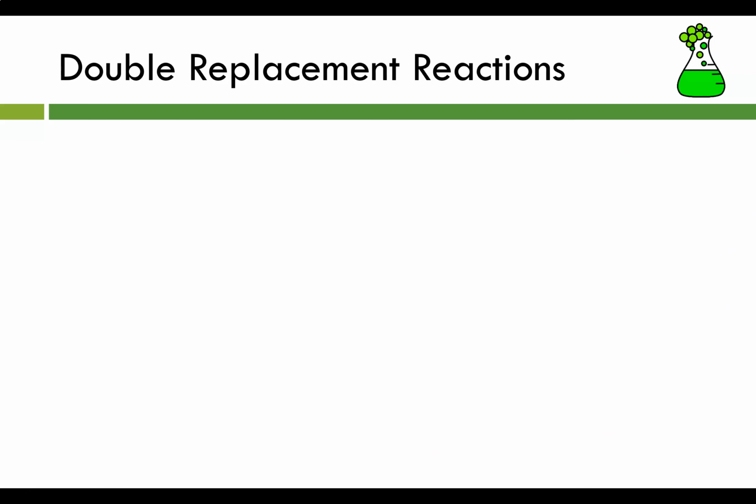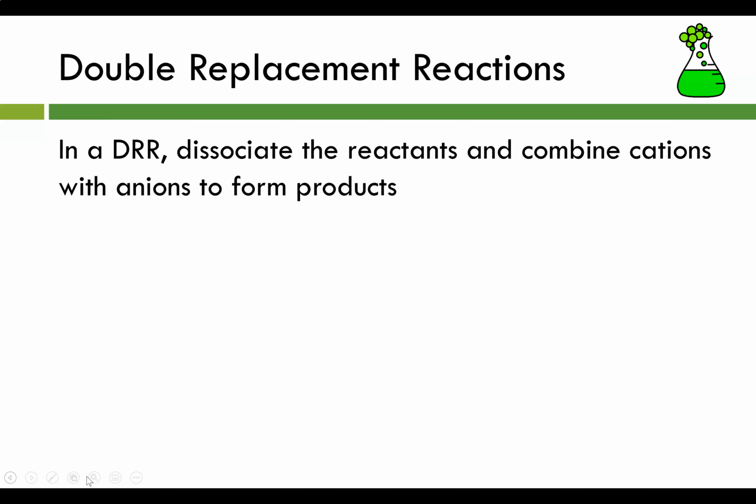All right, let's try to put all of this together. So we know in a double replacement reaction, we need to dissociate the reactants and then recombine the cations with anions to form products. Let's walk through one together. Let's take the reaction between Pb(NO3)2, lead(II) nitrate, and KI, potassium iodide.